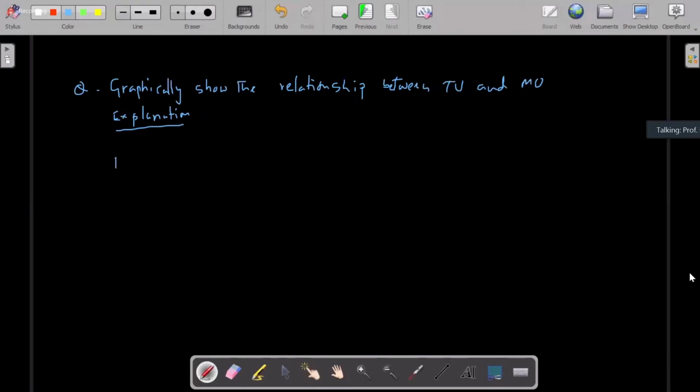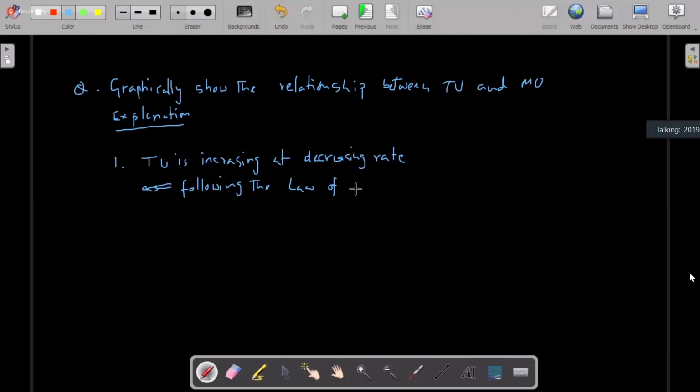Point number 1: total utility is increasing at a decreasing rate, following the law of diminishing marginal utility. So this is point number 1.